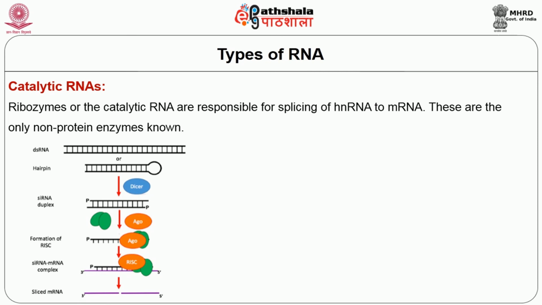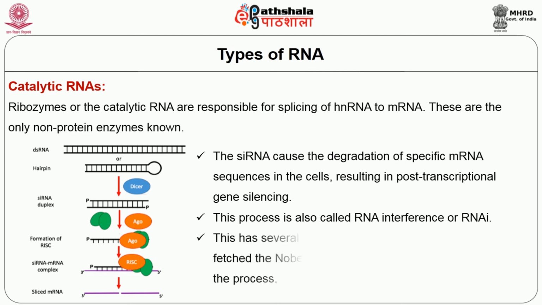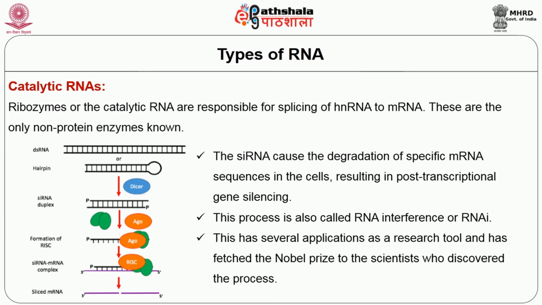These are the only non-protein enzymes known. The siRNA causes the degradation of specific mRNA sequences in the cells, resulting in post-transcriptional gene silencing. This process is also called RNA interference or RNAi. This has several applications as a research tool and has fetched the Nobel Prize to the scientists who discovered the process.